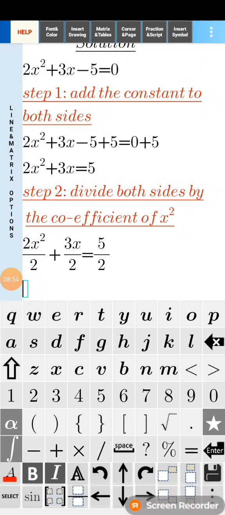We are dividing both sides by the coefficient of x squared. So I'll be dividing this number I have here.